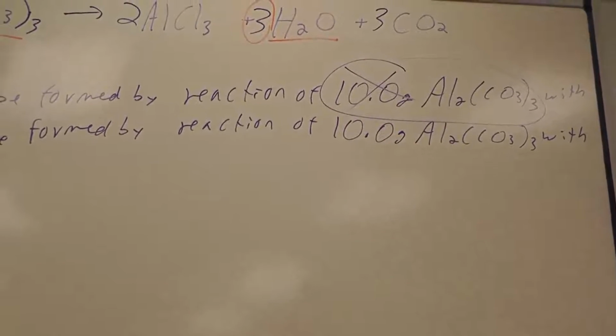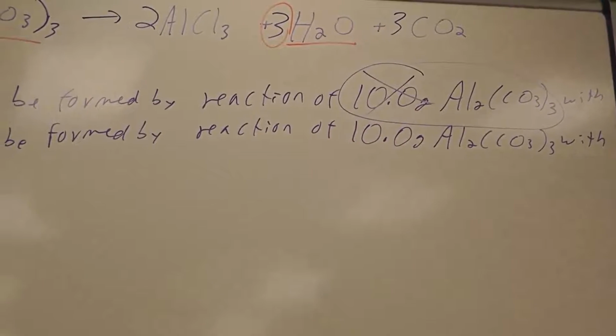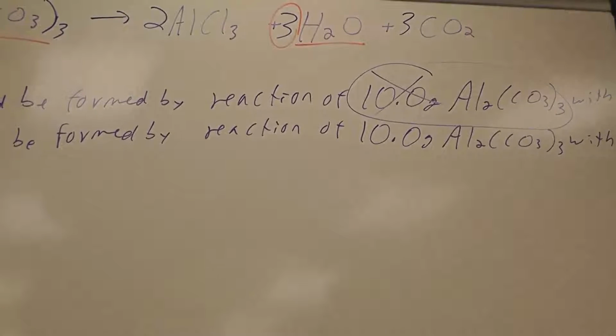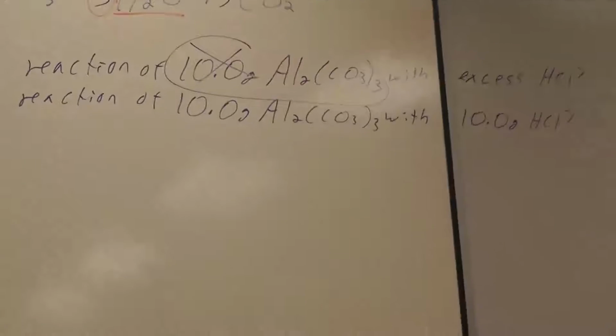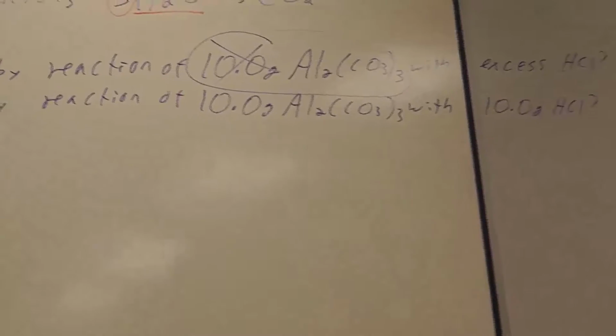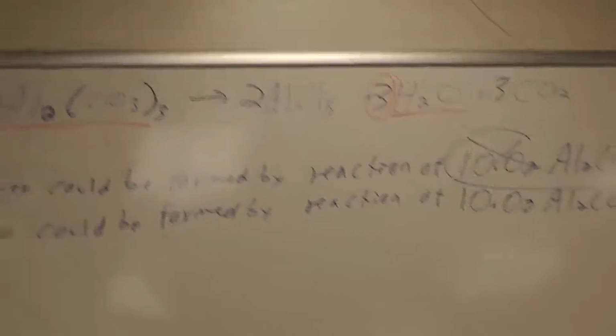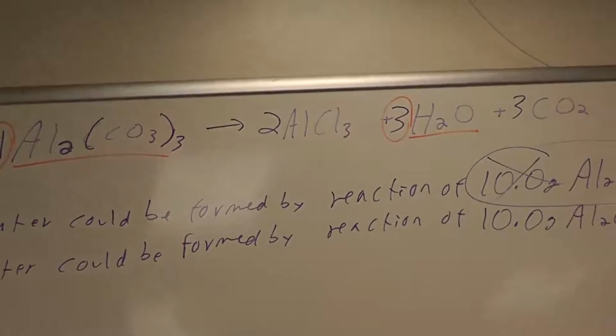There's a limited amount of HCl. In the first one, we knew for certain we had extra HCl and that all 10 grams of aluminum carbonate could react. But now, given numbers for both of them, we don't know that.